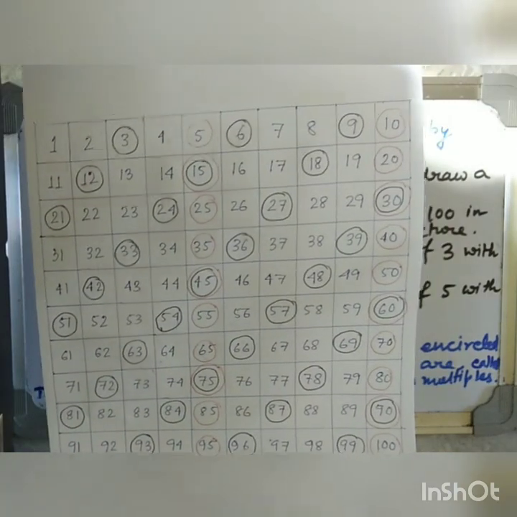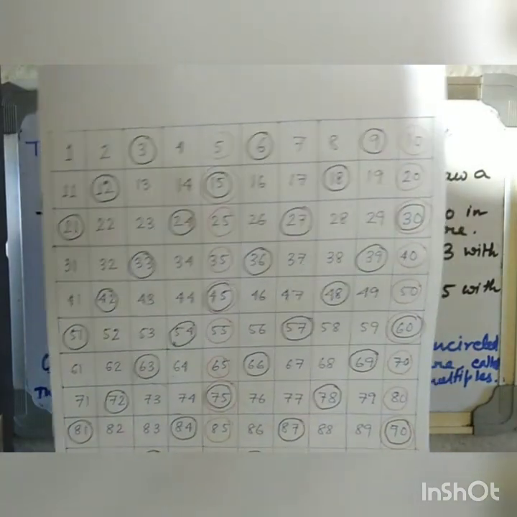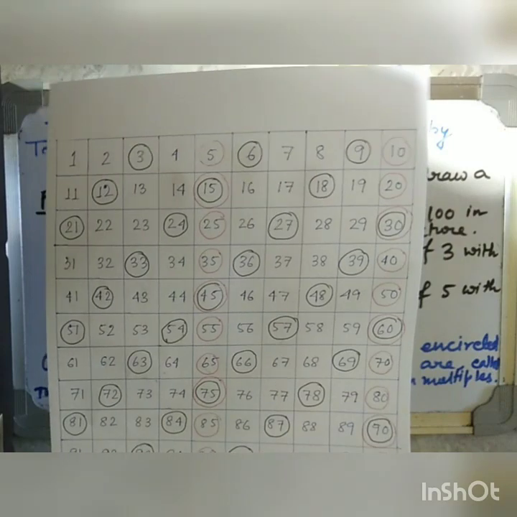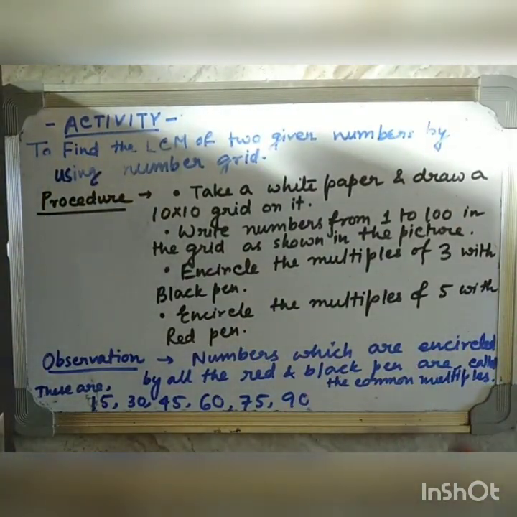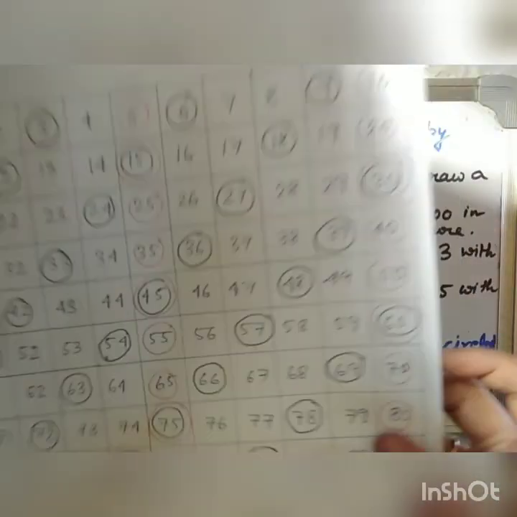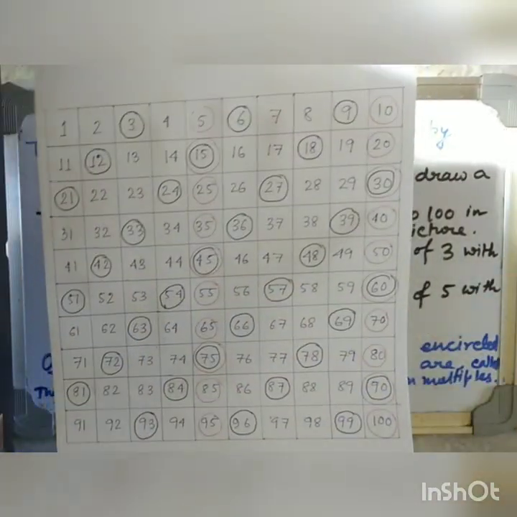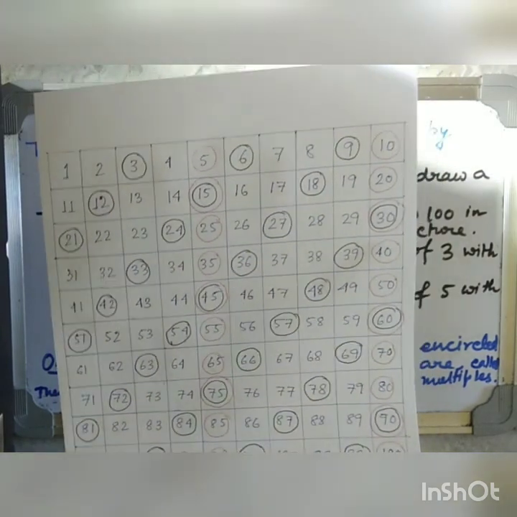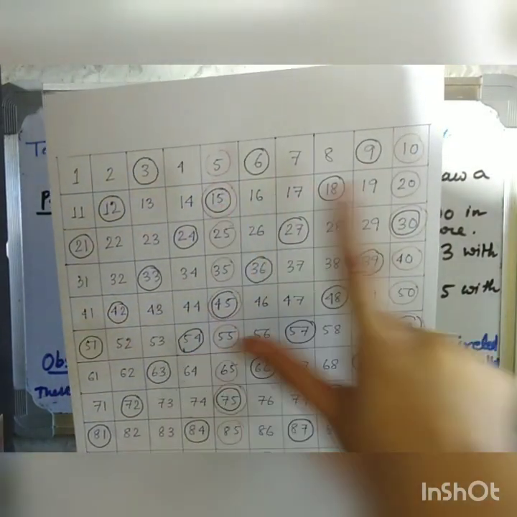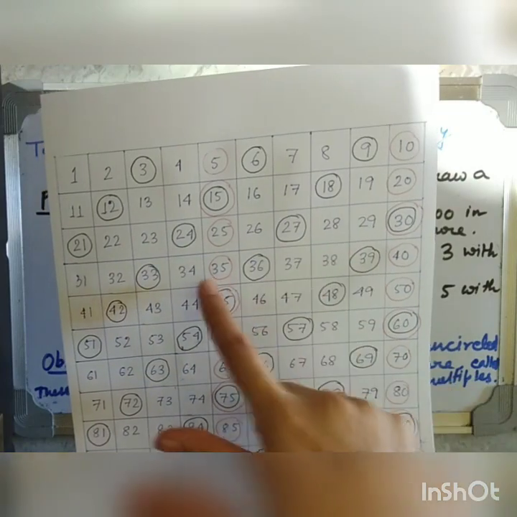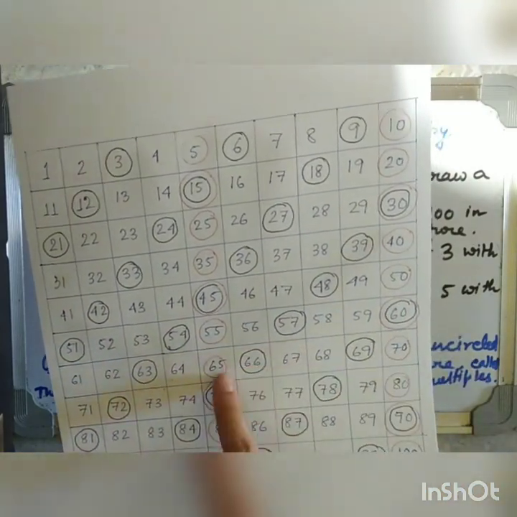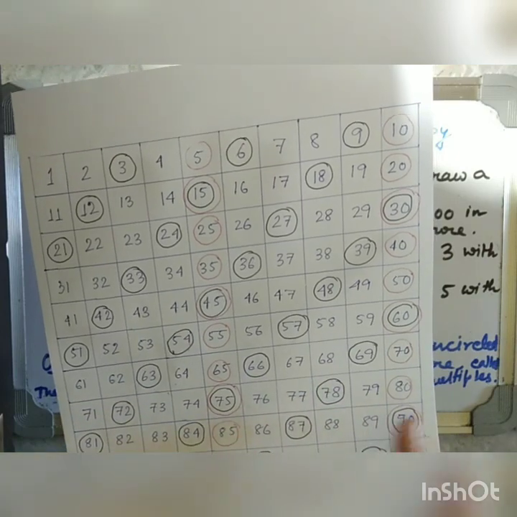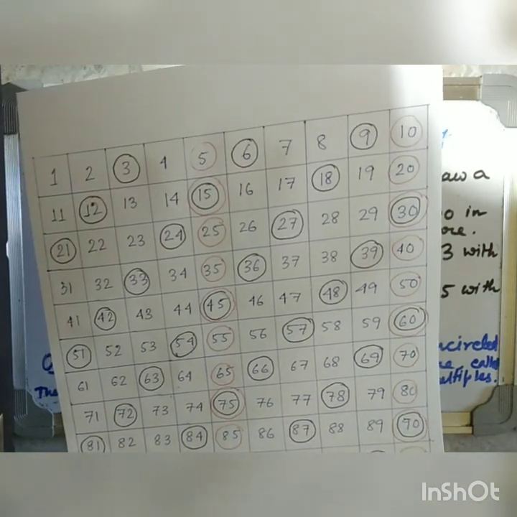All these are encircled by a black pen, and these all are multiples of 3. Now it is written, encircle the multiples of 5 with red pen. Now see, I have also encircled the multiples of 5 by red pen. 5, 10, 15, 20, 25, 30, 35, 40, 45, 50, 55, 60, 65, 70, 75, 80, 85, 90, 95, 100.